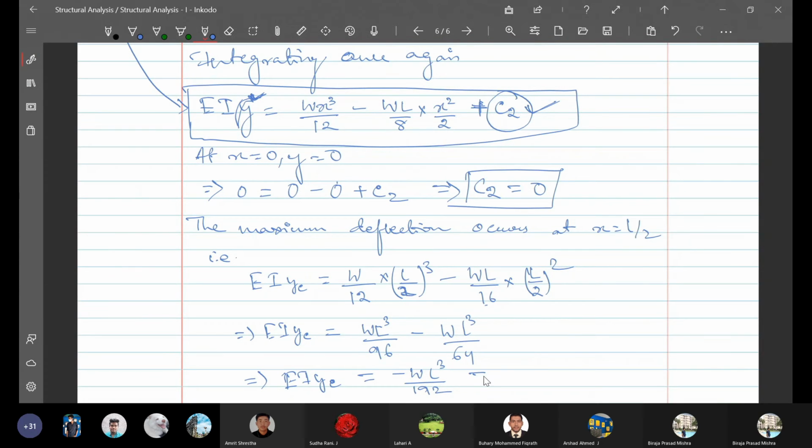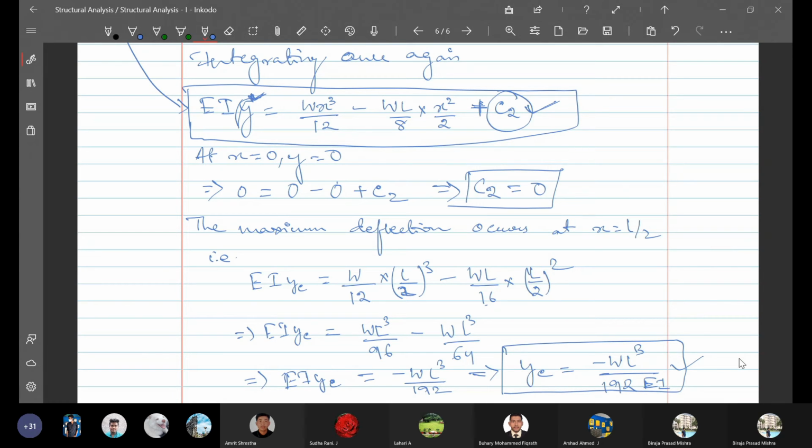So I can write YC equals minus WL cube by 192 EI. This is the deflection at the midspan of a fixed beam having a concentrated load at the midspan.